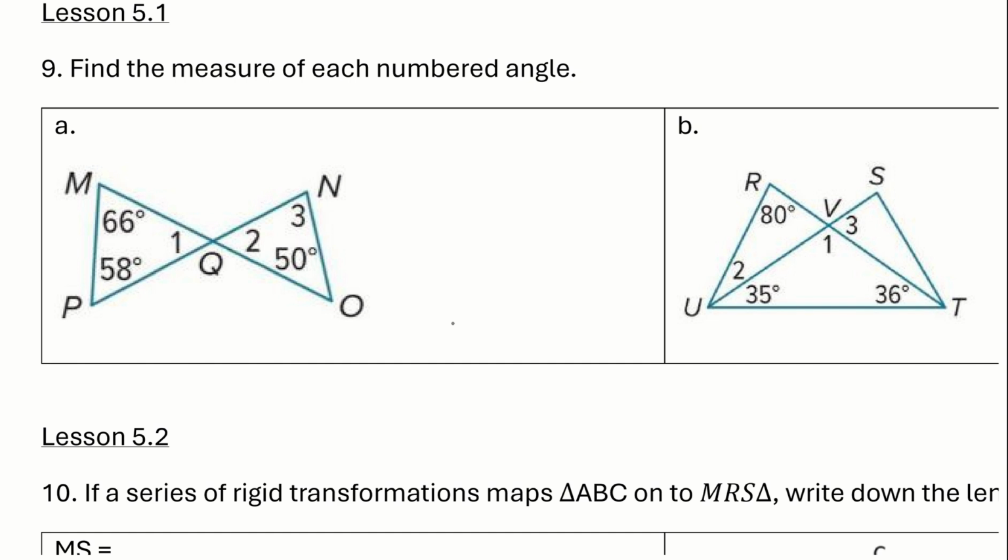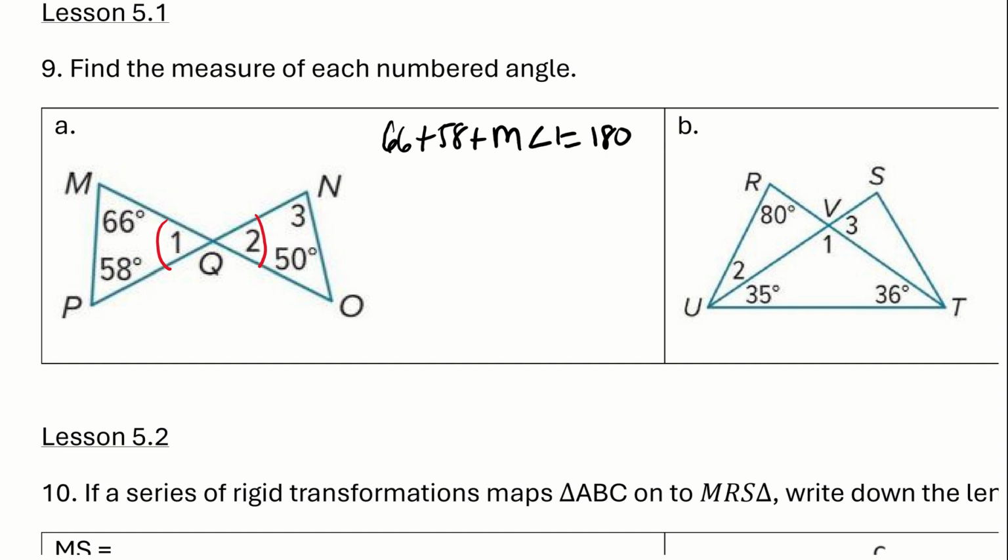All right, so here we got vertical angles. When you see an X like that, remember, think vertical angles, okay? So 1 and 2, those are vertical angles. They have to be congruent. All right, so we know that we can get angle 1 because we got a triangle here and the angles add up to 180 degrees. So we got 66 plus 58 plus measure of angle 1 equals 180.